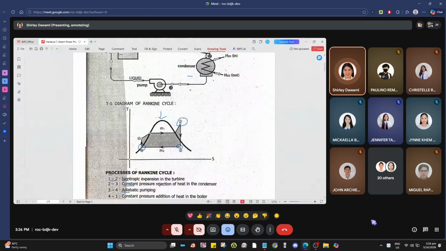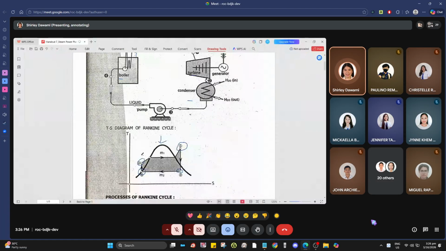That is from 3 to 4. It leaves the pump as a subcooled liquid, which is what goes to the boiler. This subcooled liquid is then heated, for example by burning fossil fuel.